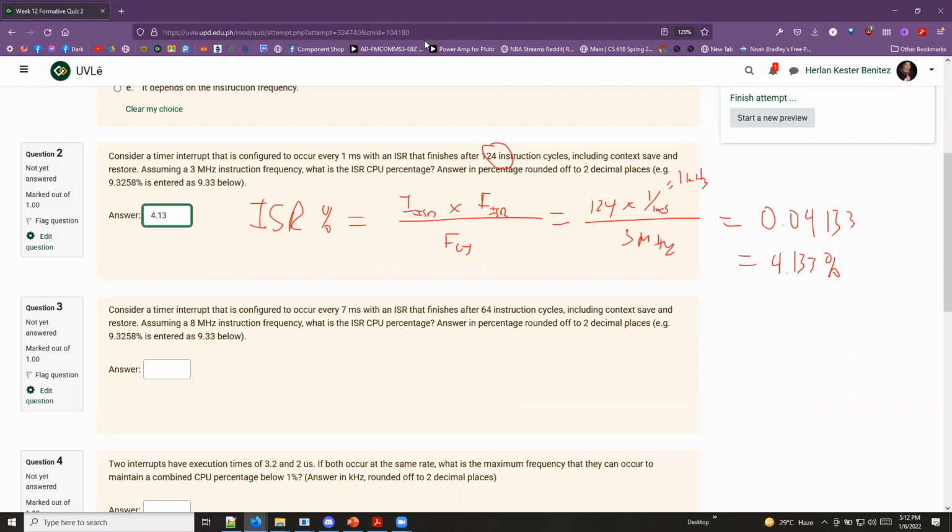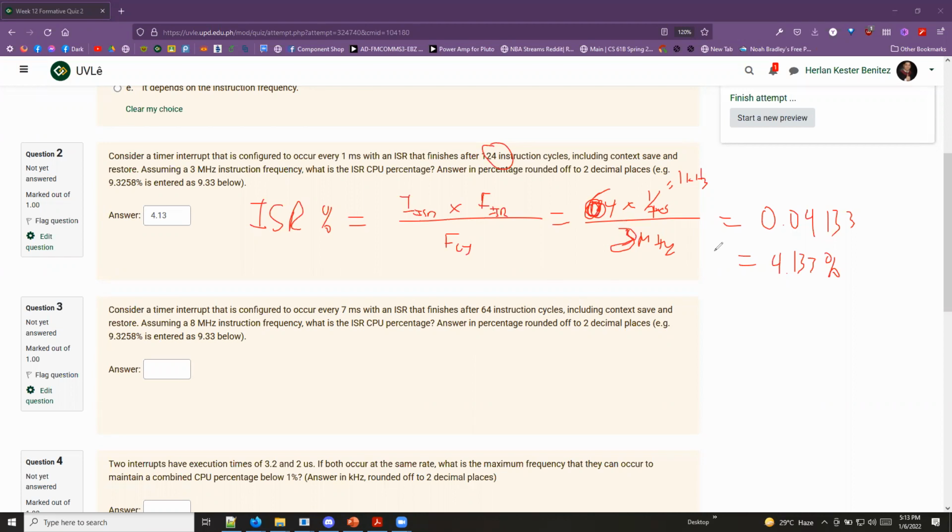For the next question, similar setup, except this time our interrupt is configured to occur every 7 milliseconds. And we have 64 instruction cycles this time, and 8 megahertz.